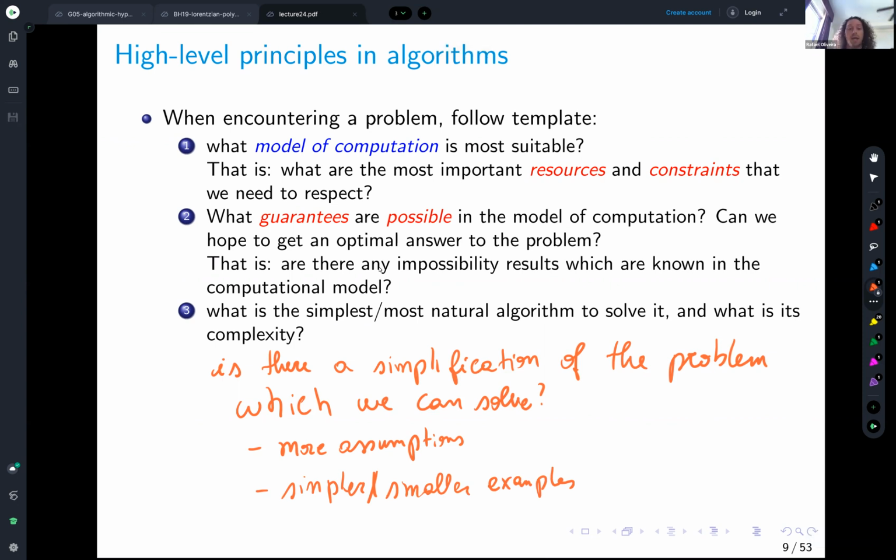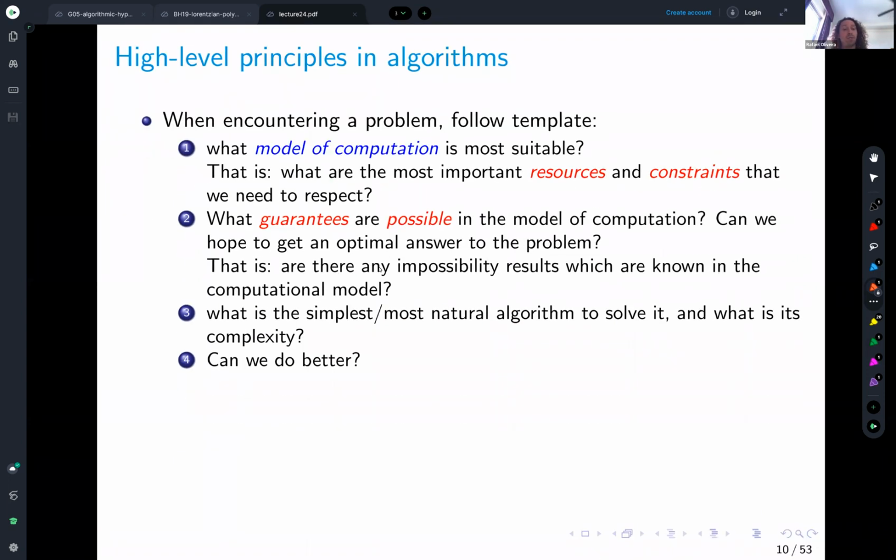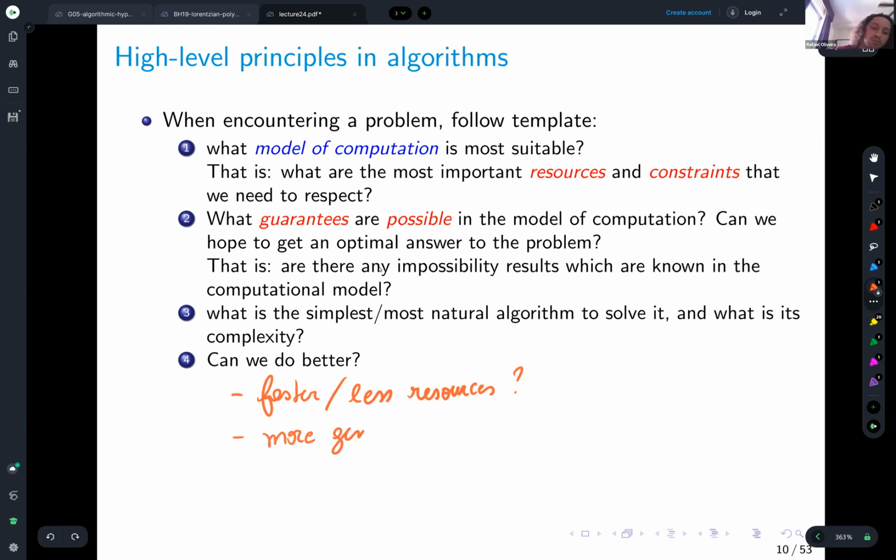And then once we have those three, what do we do? Well, the question comes, can we do better? And better here means either a faster algorithm or fewer resources in general. Can we use fewer resources to solve it? Or can we have a more general algorithm?